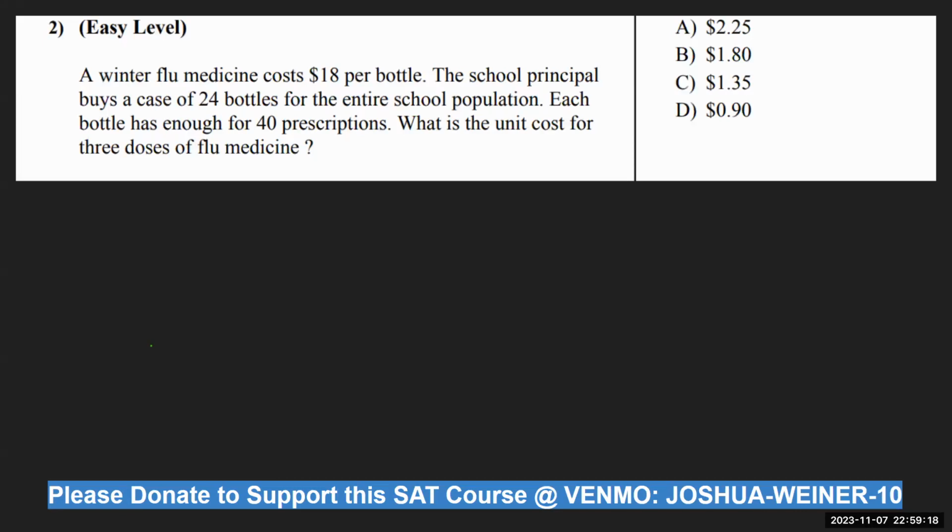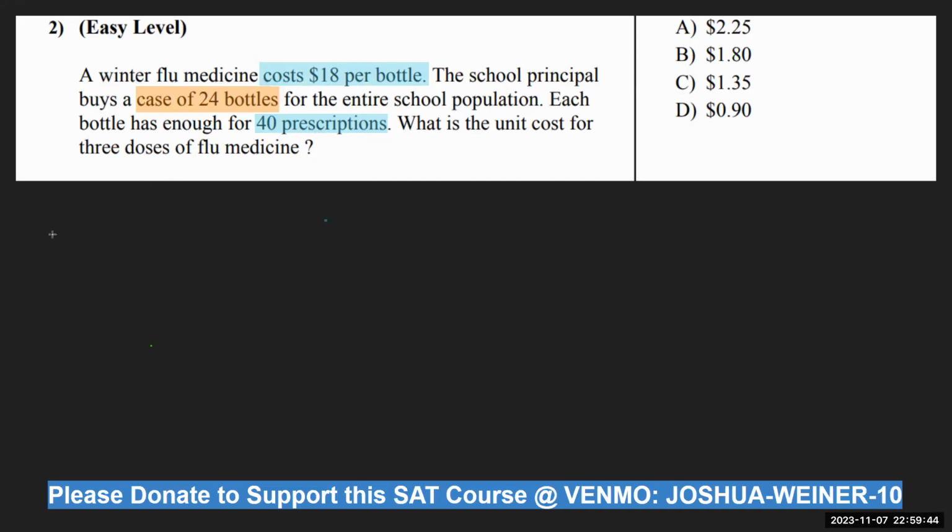Well, there is some extraneous information here. We do need to know the following. It's $18 per bottle, and we have 40 prescriptions in each bottle. The fact that the principal's buying 24 bottles, like for 24 different classes, is extra information.